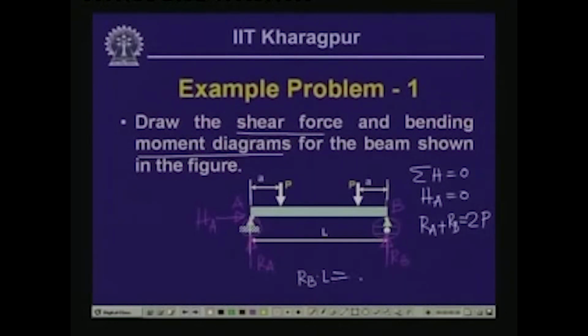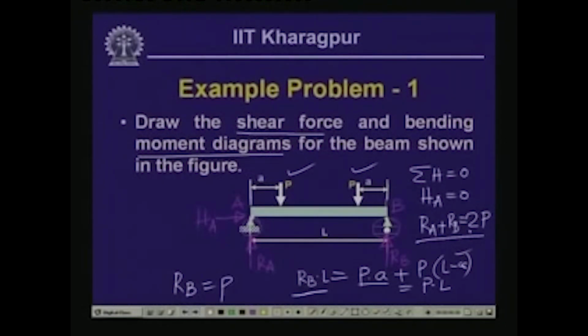So this equals P times A for this load plus P times L minus A for this load. P times A minus P times A gets cancelled, so this equals P times L. This gives us RB equals P, and since RA plus RB equals 2P, RA also equals P. So the reactive values RA and RB equal P.